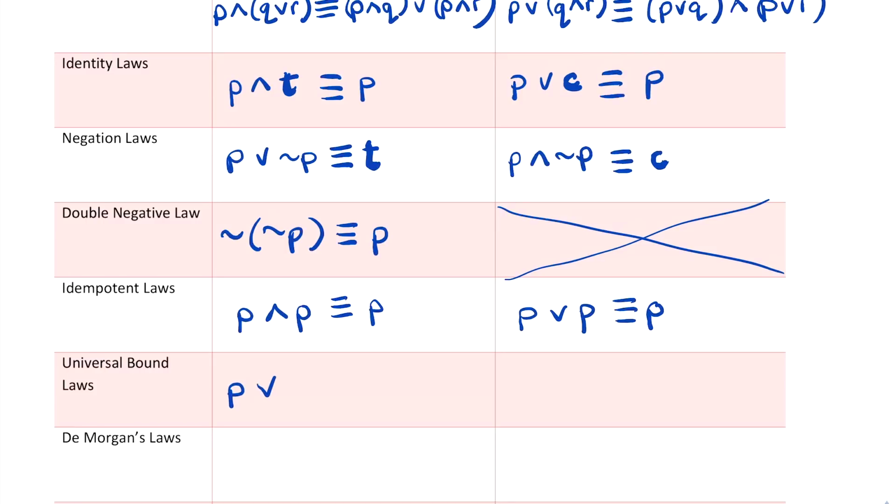So the disjunction of P and T is logically equivalent to T. And what do we have over here? The conjunction of P and C is logically equivalent to C.